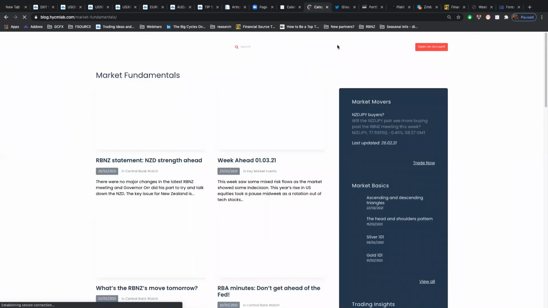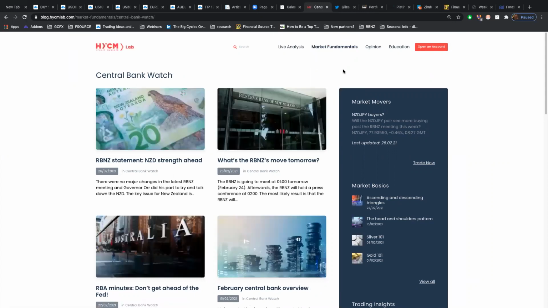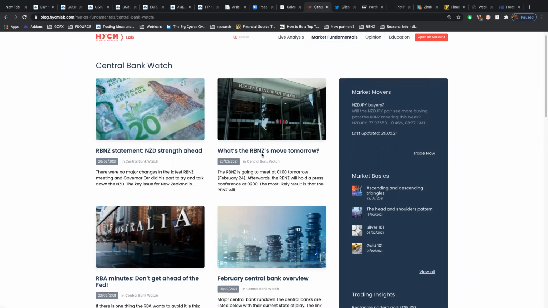Now you guys will know, because you're finance students, you've already got a big heads up, because you understand that currencies are driven by central bank policy. Central bank policy drives currency moves. So with the Central Bank Watch, understand what the currencies are going to be doing.